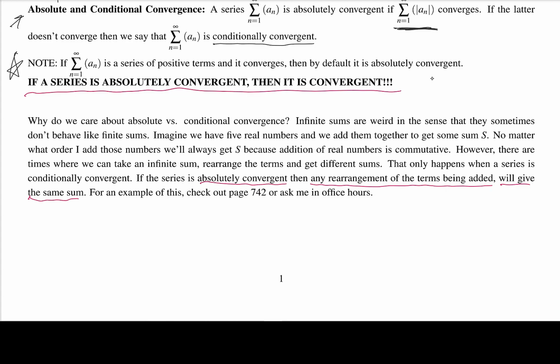Now, if something is conditionally convergent, then that means that if we change the order sometimes, we will get a different sum. For an example of this, you can check out page 742 in the textbook, or you can ask me about it in office hours, and I'd be more than happy to show you one of these conditionally convergent examples where I can rearrange things and give us an answer that we would not expect to get.